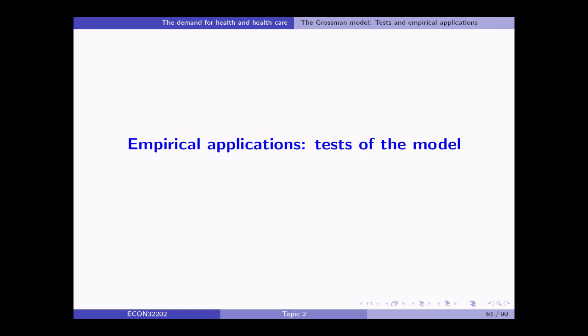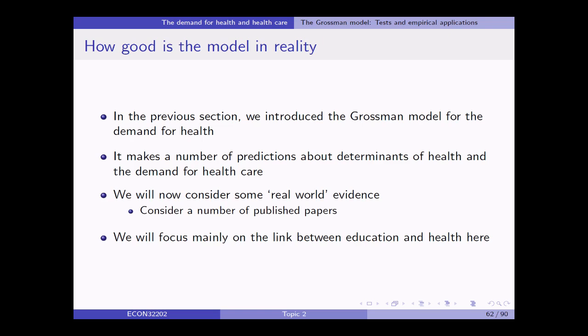So before the break, we'll go through some empirical tests of the model. And again, for this course, this is probably the most important part of today's lecture: how these predictions bear out in the real world. So the model makes a number of predictions, so there's lots of inputs to the health production function, and the model allows you to predict what's going to happen to people's health if you change those input parameters.